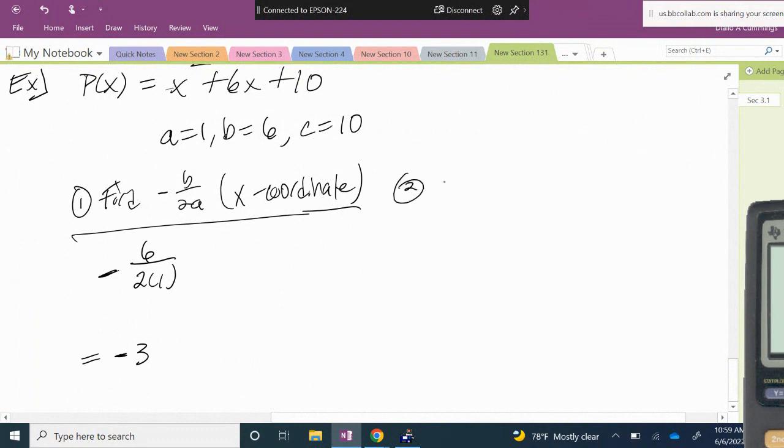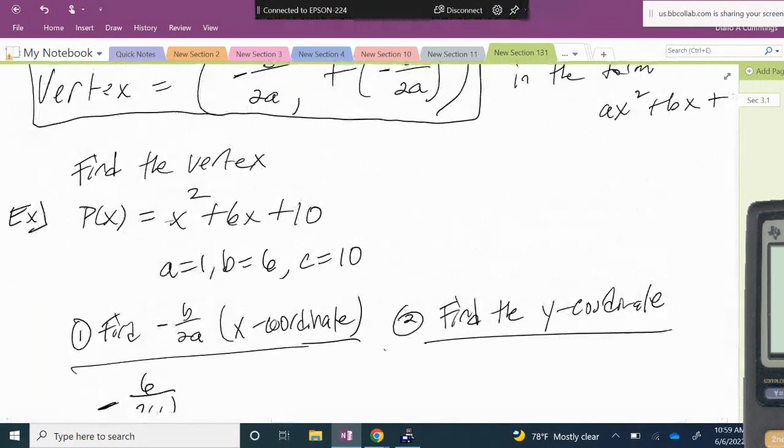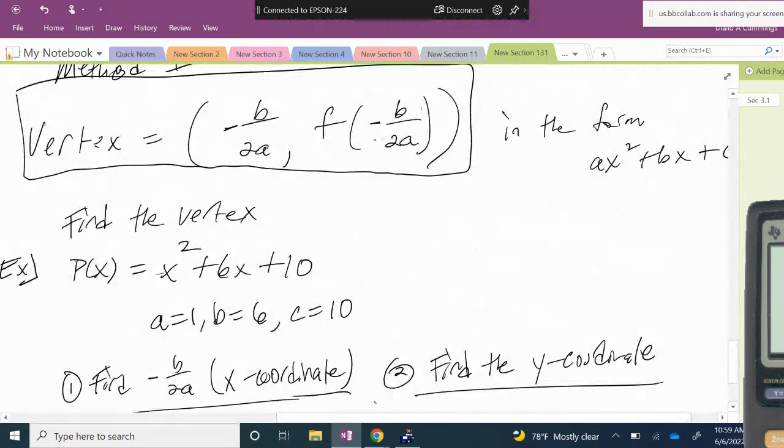The second thing we're going to do is find the y coordinate. That's f of negative b over 2a.